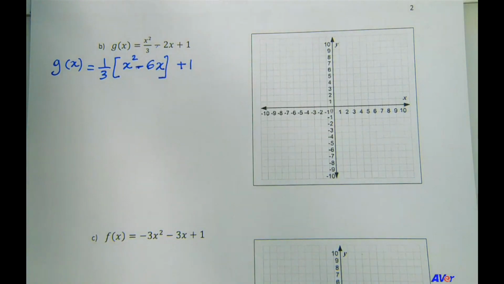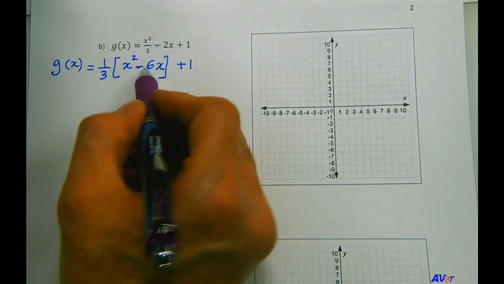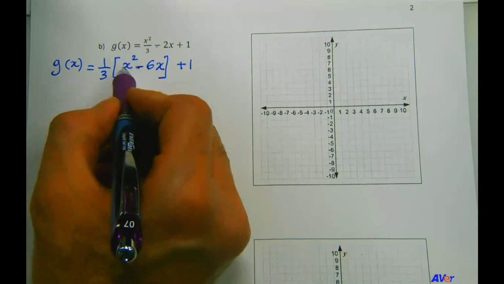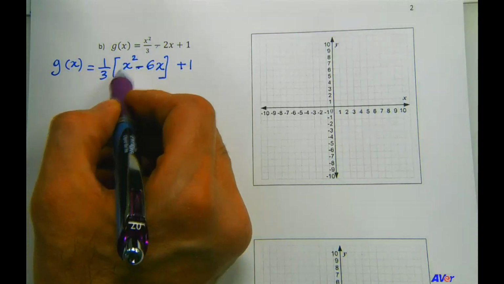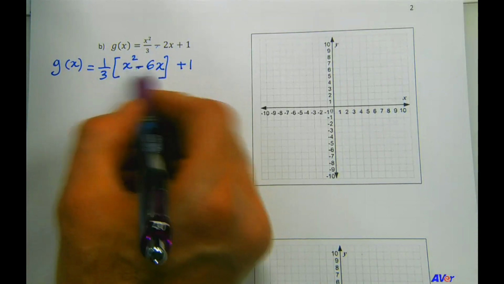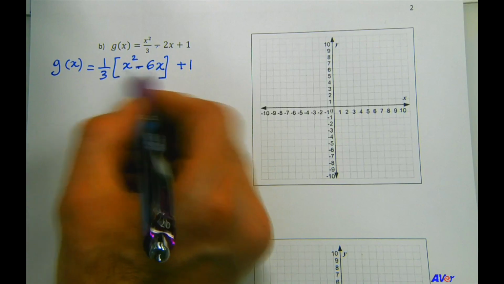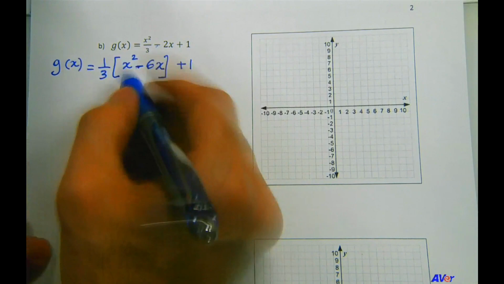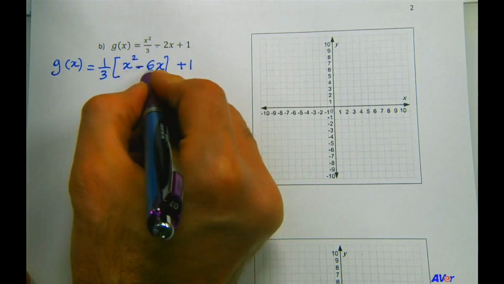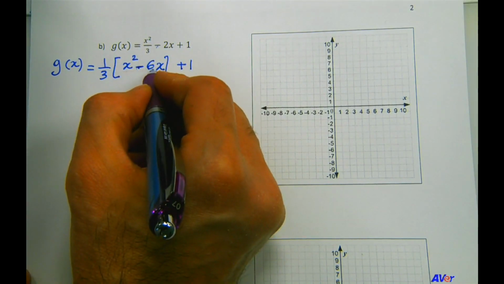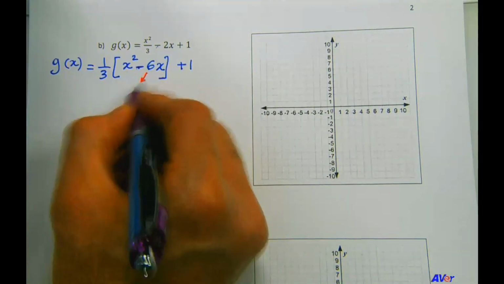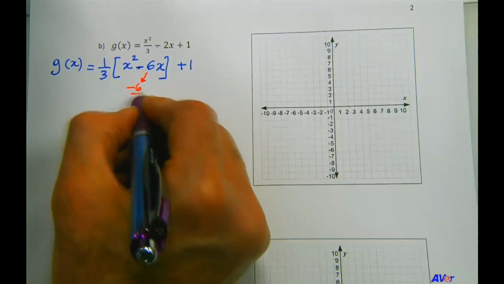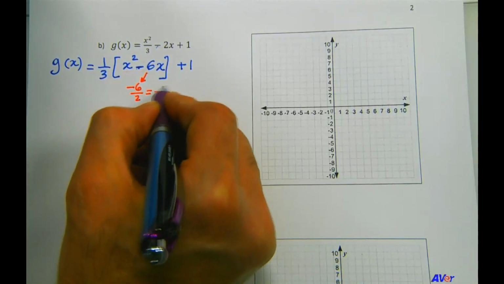Okay, so now the inside of this bracket, take a look at the quadratic term. It has a coefficient equal to positive 1, which means we can now apply the completing the square method on the inside of this bracket. Let's do that. First, we have this x term, minus 6, right? The minus 6 divided by 2, what do we get? We get -3.